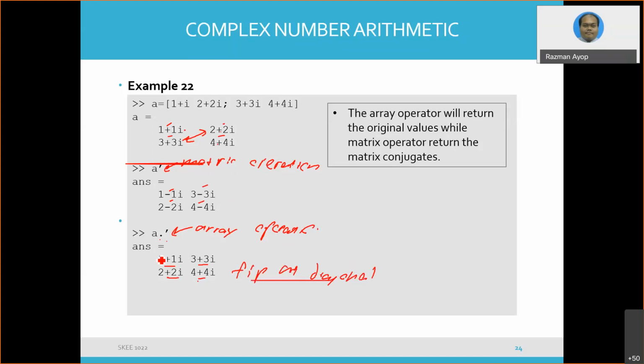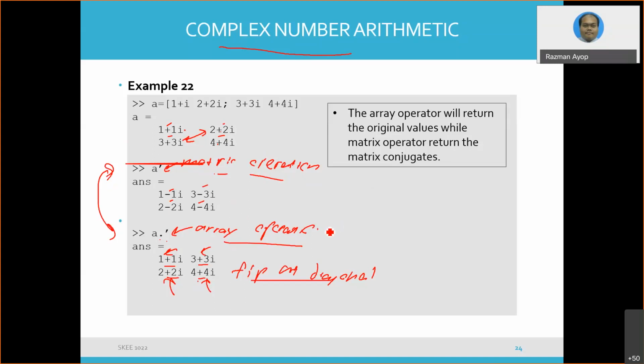That's it. No need to change this, it remains positive. So that is the difference for matrix, complex number with matrix operation and array operation. Make sure you know what the difference is.